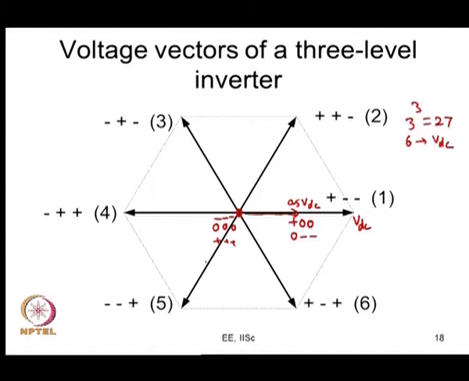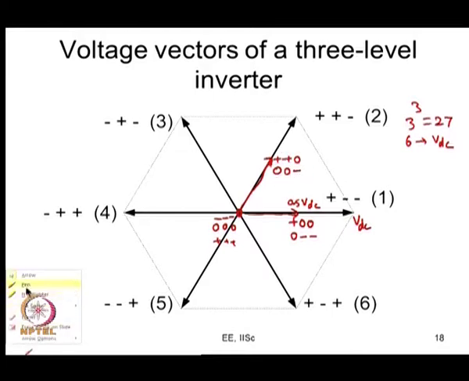The same way you can look at the inverter states plus plus 0 or 0 0 minus. They all produce 3 phase line to line voltages similar to this vector. Here the line to line voltages could be plus VDC, minus VDC and 0. Here the line to line voltages will be plus VDC by 2, minus VDC by 2 and 0. That would be the difference now.